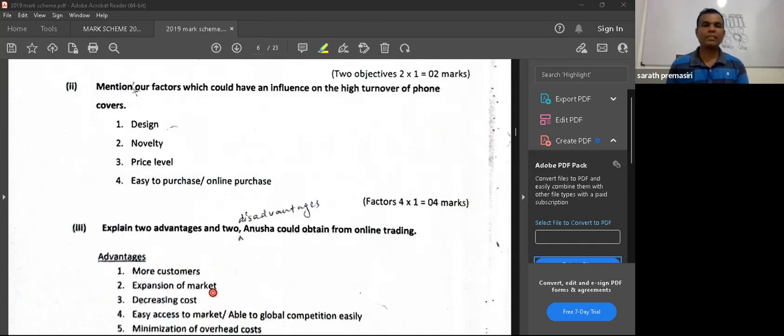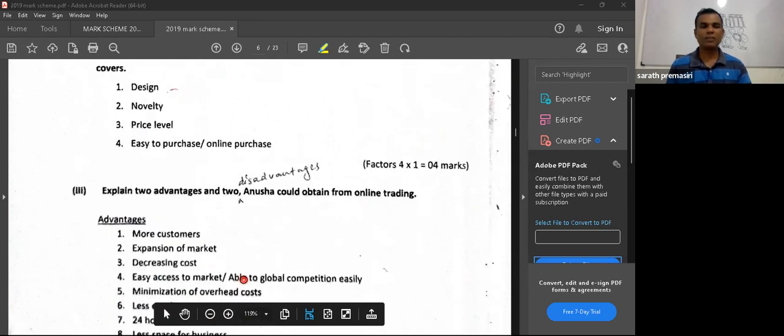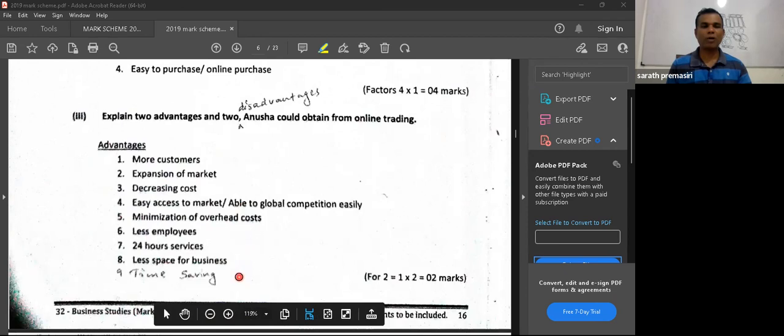Next one, easy access to market. Easy access to market because of online trading.